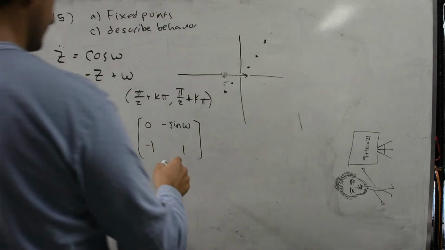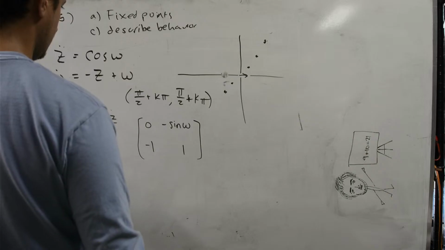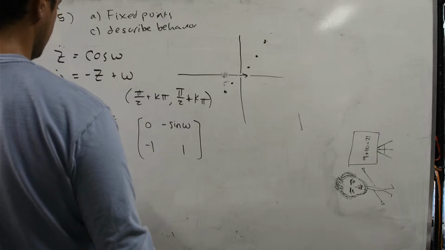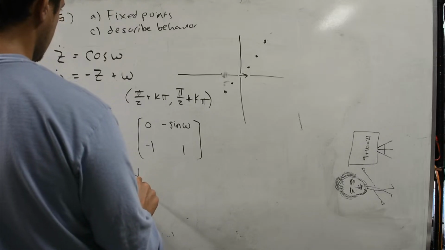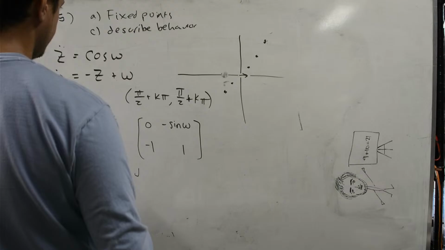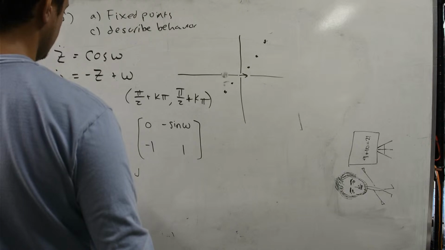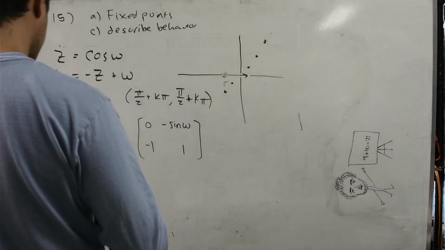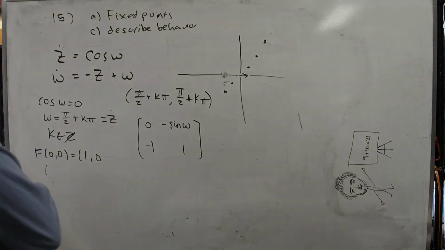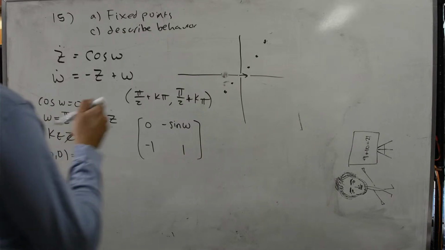Okay, if we find the eigen... wait. If you have... so this is the Jacobian.